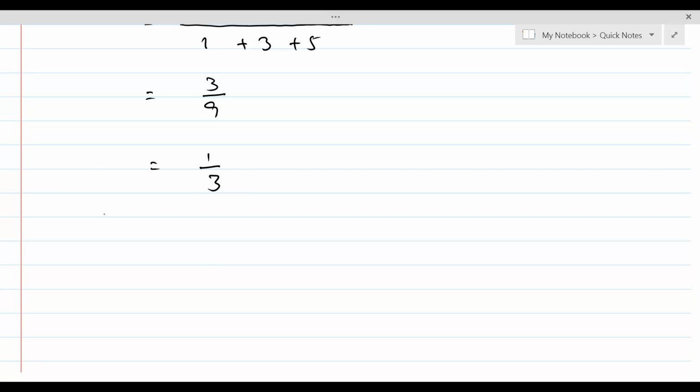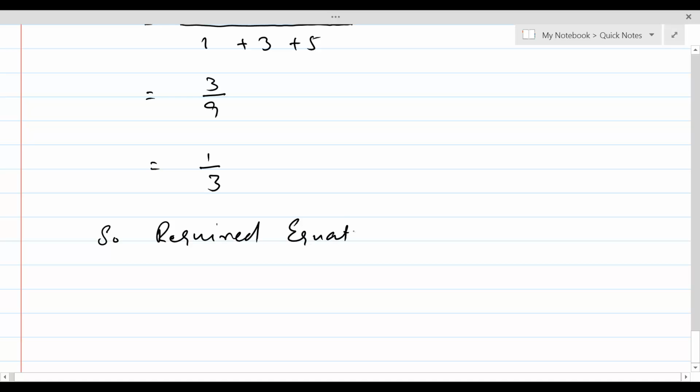Therefore, the required equation is x square minus sum of roots times x plus product of roots equal to 0.